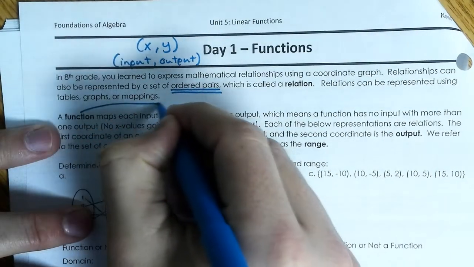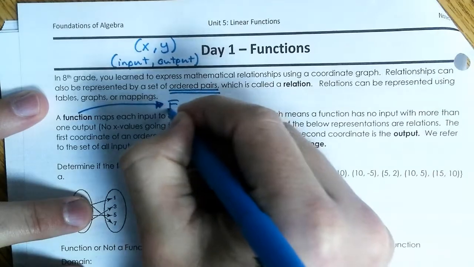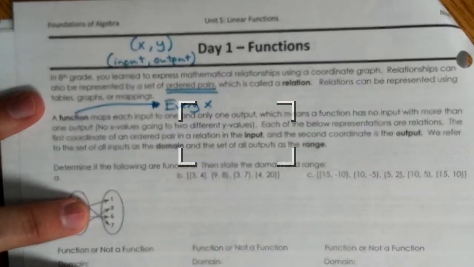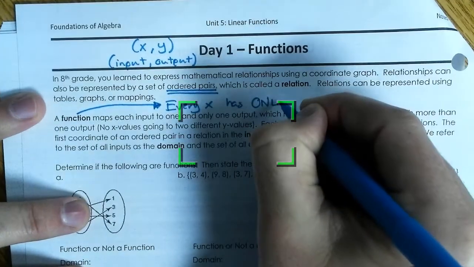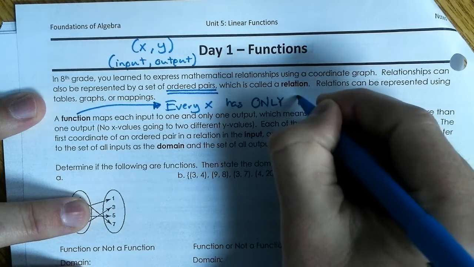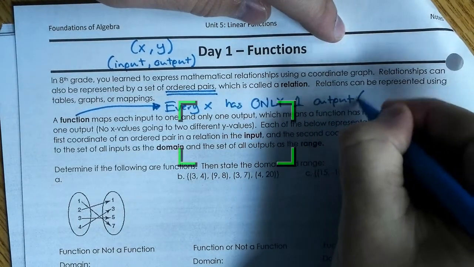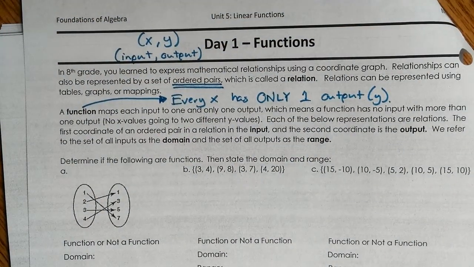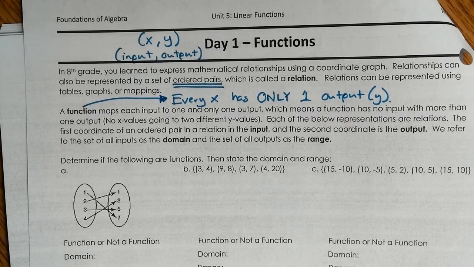So a function, every x or every input has only, I'm going to put this in caps right here, only one output, or y. So every x only has one output, or y.